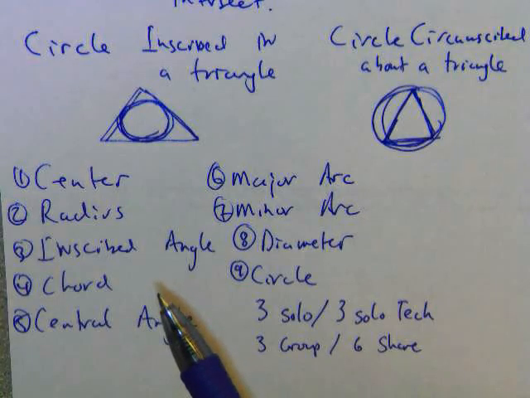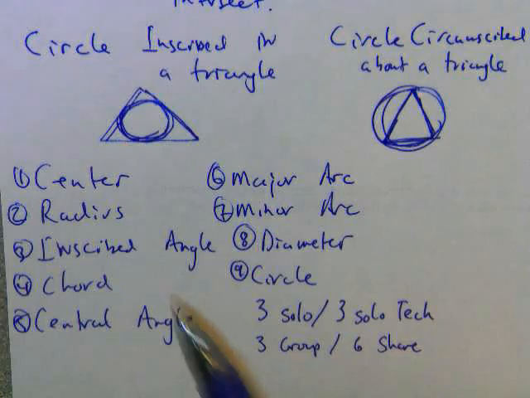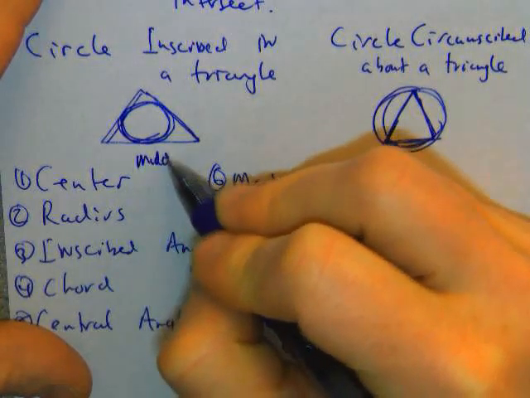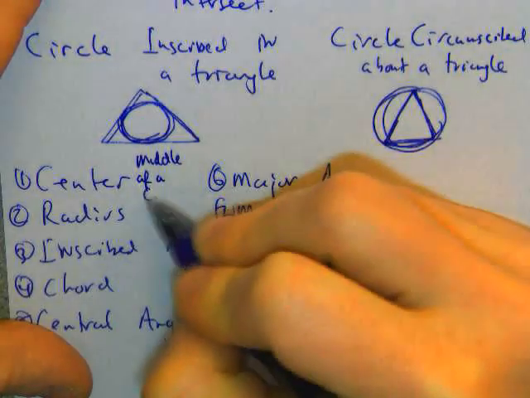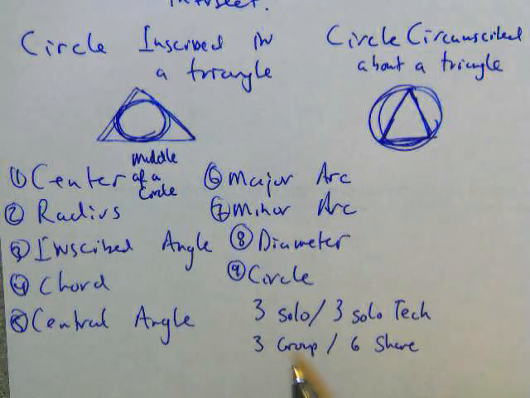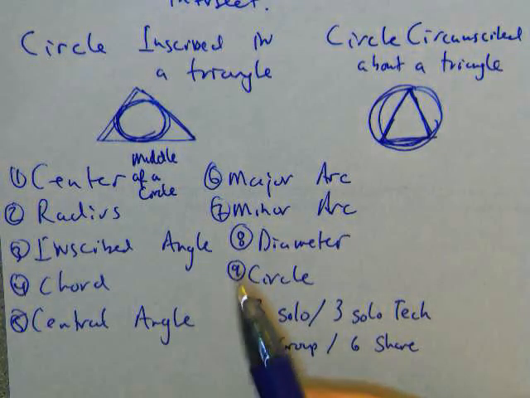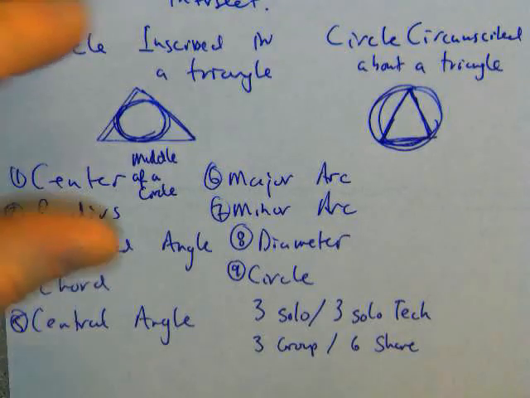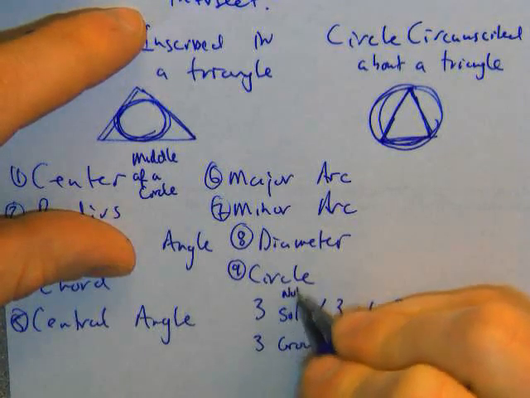Center is the middle of a circle, right? I could do that one. And please space these out. I just contracted them so you could see them. Radius, define that. Inscribed angle, chord. And use your notes.